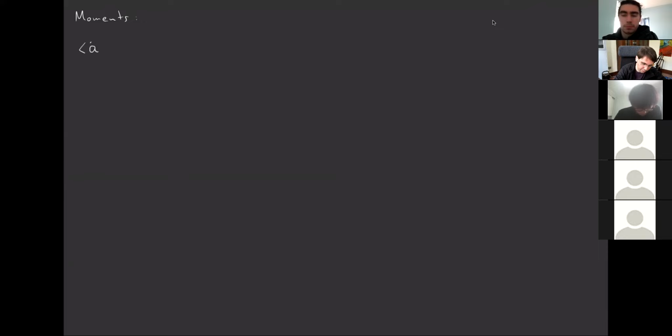So if I ask you what is the expectation value of a, I hope you will see very quickly that this is equal to 0. And the reason is very simple. The expectation value of a is just the trace of rho thermal a.